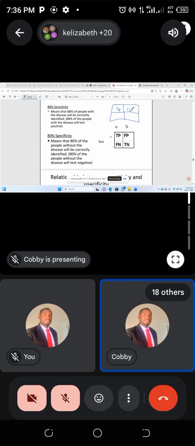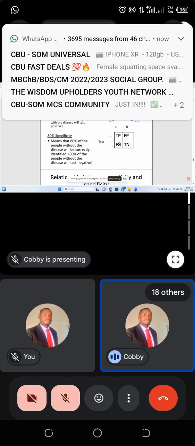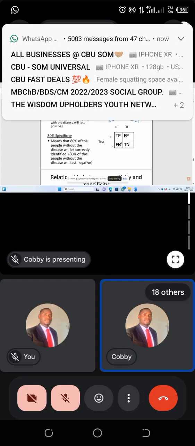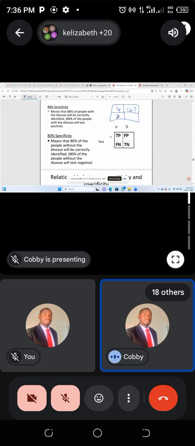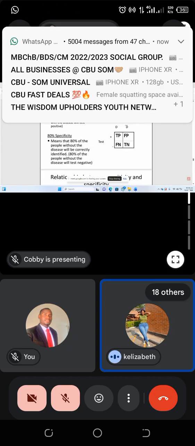Then the false negative, 3. Then the true negatives, 836.